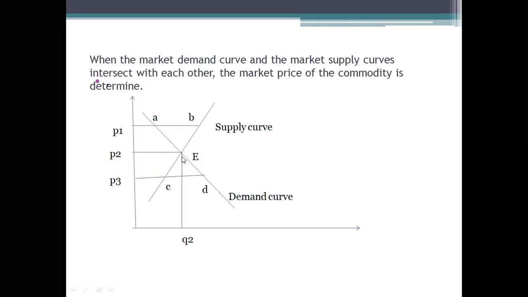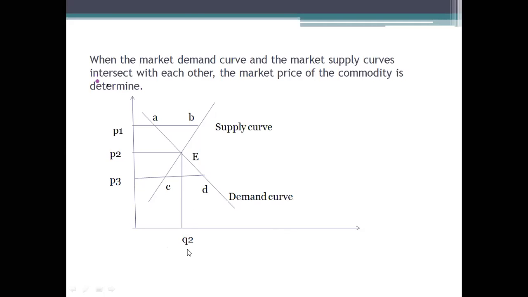So again we have to draw a perpendicular line from this equilibrium point to the x-axis. That means this is the quantity axis. If we draw a perpendicular line to the quantity axis, the point where it intersects the quantity axis, at that point only we will determine the equilibrium quantity supplied in the market. Clear?